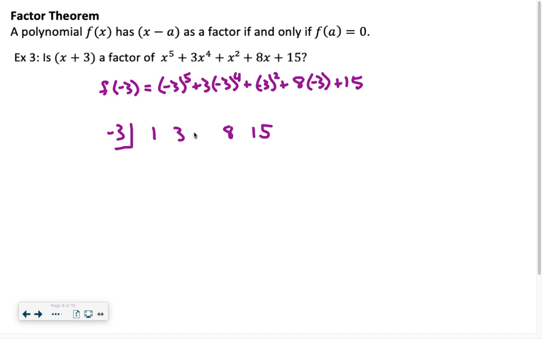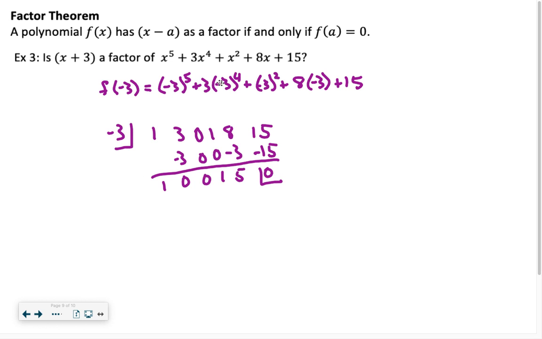So 1, 3, 0, 1. All right, so bring the 1 straight down. Multiply 1 times -3. Add, multiply, add, multiply, add, multiply, add, multiply, add.